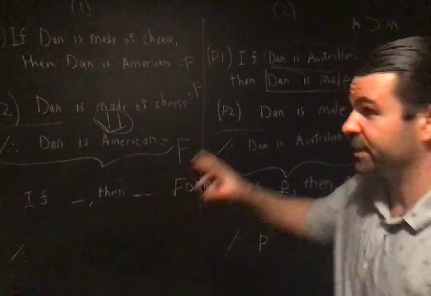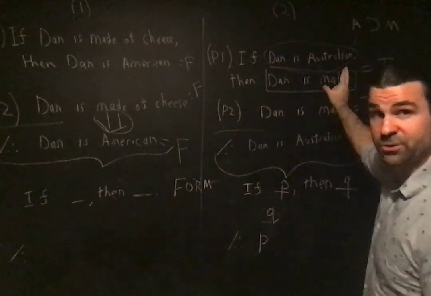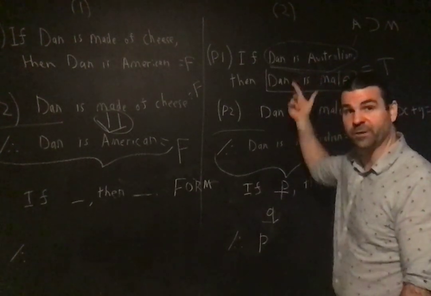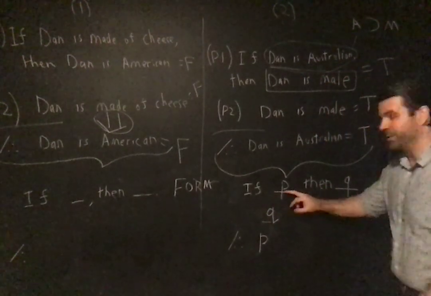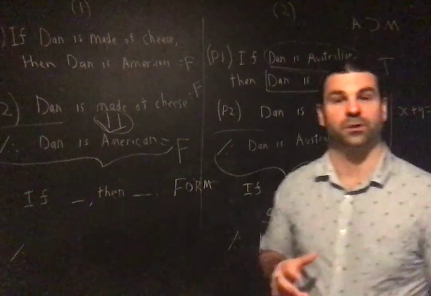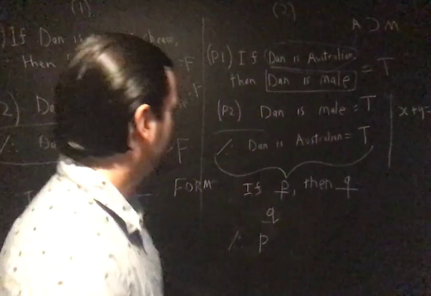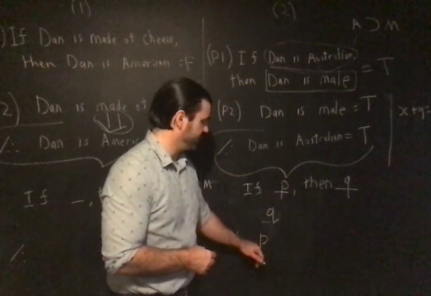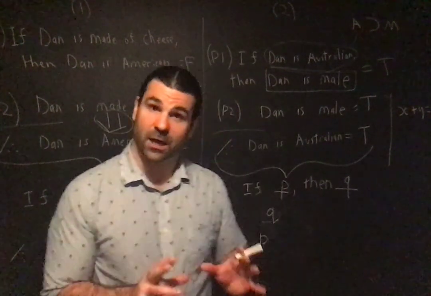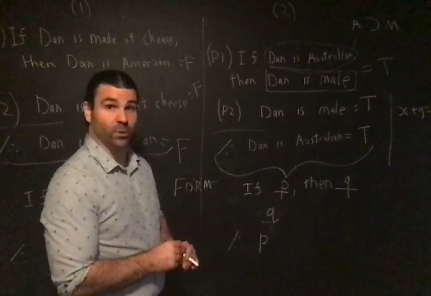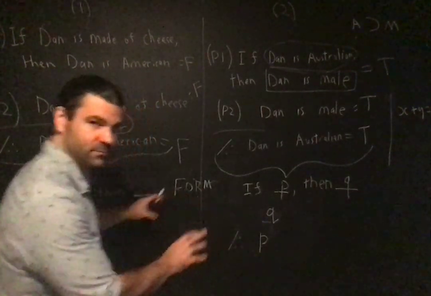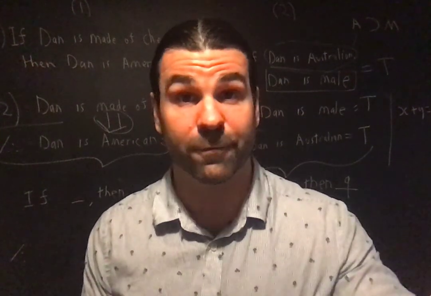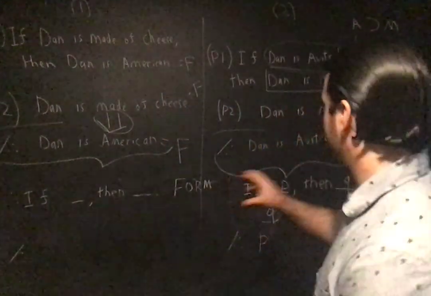There's a big difference between A and M, which have truth values, and sentences constructed of them, which have truth values, versus P and Q, which do not have truth values because they're variables. So anyway, here's the form of this: if P, then Q; Q; therefore P. That's the argument form of this. I'll come back to consider the form of 1 and compare it.